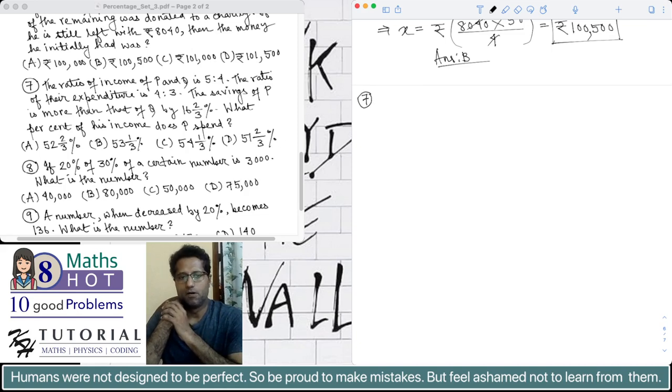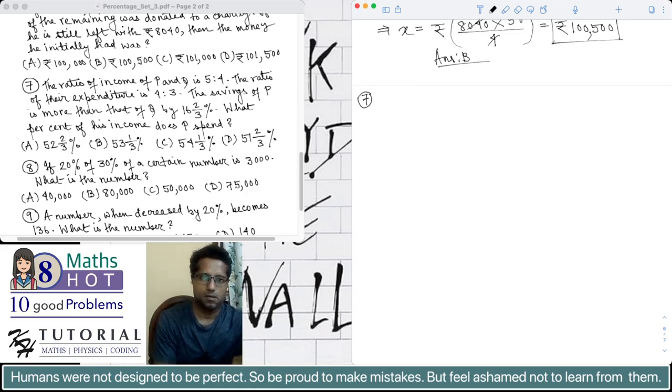The ratio of the income of P and Q is given. The ratio of the expenditure of P and Q is given. The savings of P is more than that of Q by 16 and 2 by 3 percentage. What percent of his income does P spend?